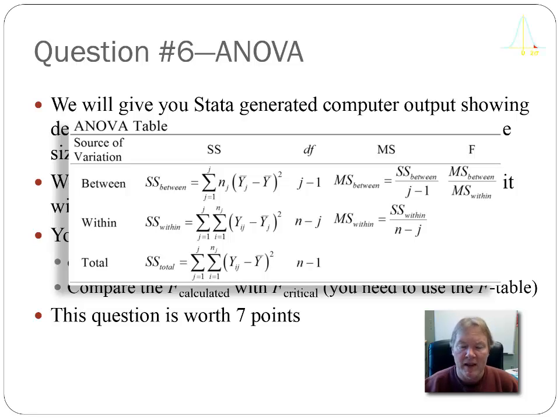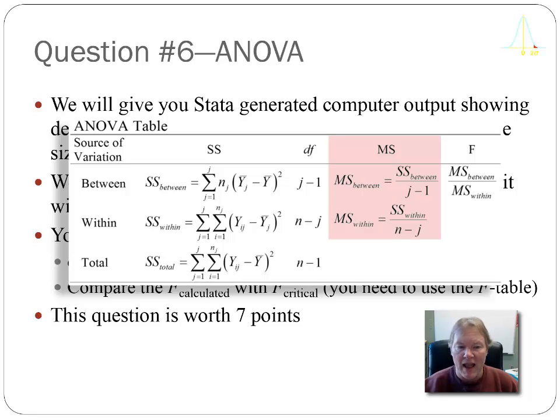It's just to remind you that our first column is the sum of squares, and the sums of squares are additive. That is, SS between plus SS within is equal to SS total. That second column, labeled DF for degrees of freedom, is additive as well. So we know that J minus 1 plus N minus J is equal to N minus 1. The next column, labeled MS, stands for mean square. If we take the sum of squares between and divide by its degrees of freedom, J minus 1, we calculate MS between.